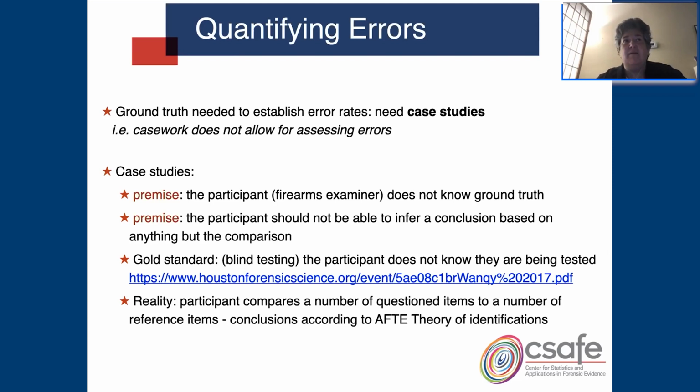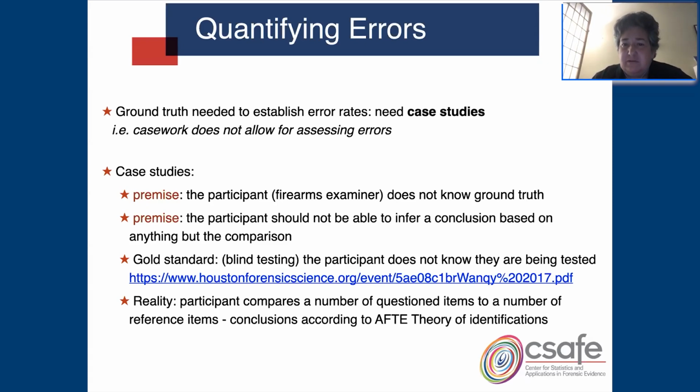So we need somebody to administer some studies where that somebody knows ground truth, and then firearms examiners participate and will tell us what their assessment results in, so that we can then establish error rates.